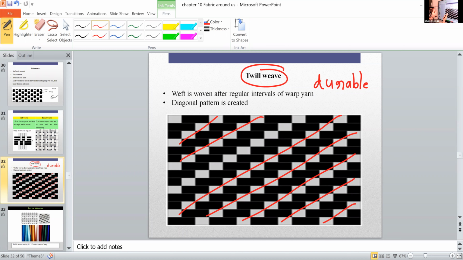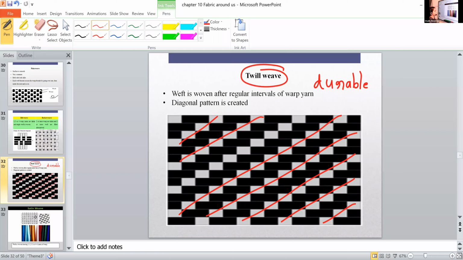In the fabrics, you can see diagonal lines. Is it clear? Rib weave and basket weave are the plain weaves. In twill weave, a diagonal pattern can be seen. Due to this pattern, it is very durable.